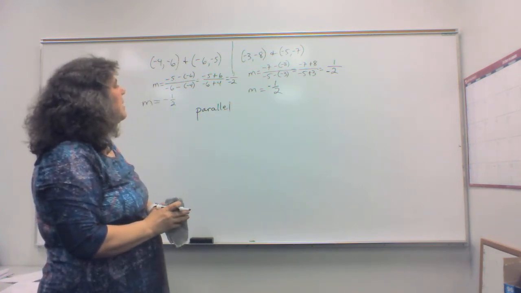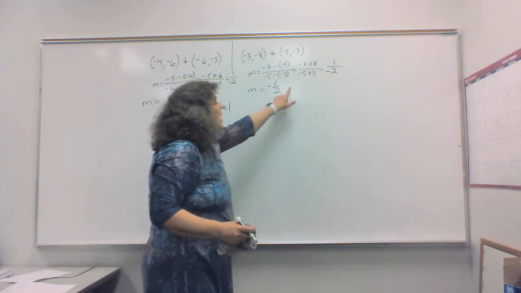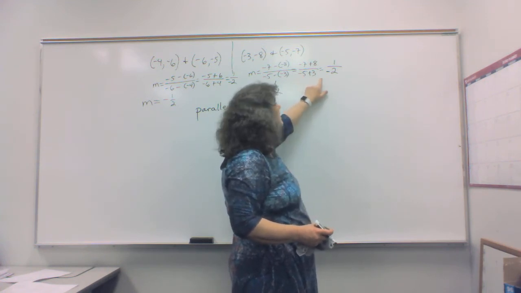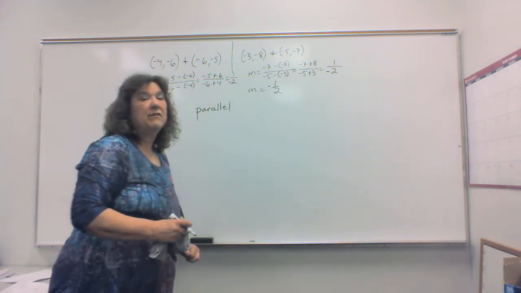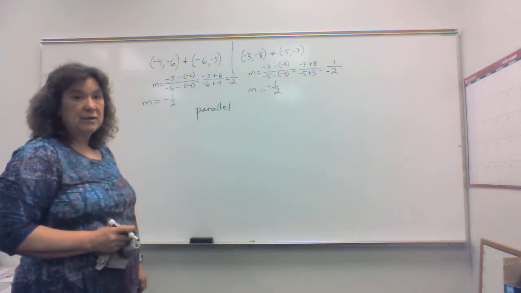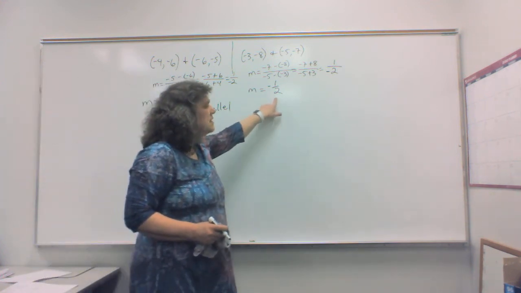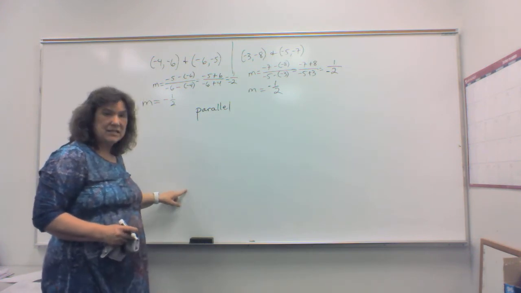So, as you can see, it's easy to make mistakes if you're not careful. I made a very simple integer addition mistake here. Negative 5 plus 3 is a negative 2. So be sure to check yourself. How did I know it was incorrect? I knew it was incorrect because I had a positive slope here, but my line that I drew had a negative slope.